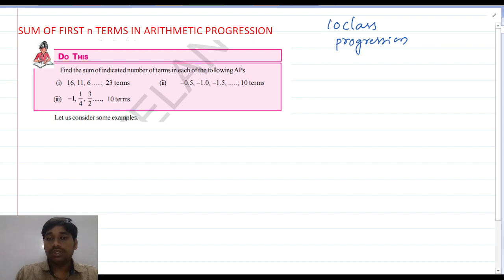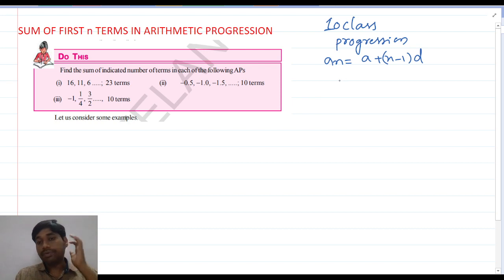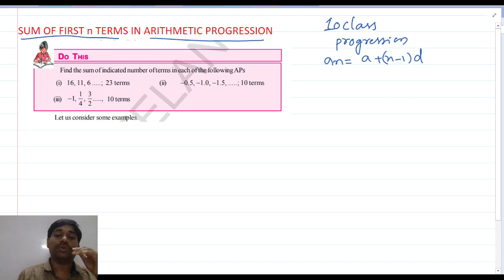In nth term questions, an is equal to a plus n minus 1 into d, and we will also learn the concept of the sum of first n terms of an arithmetic progression.